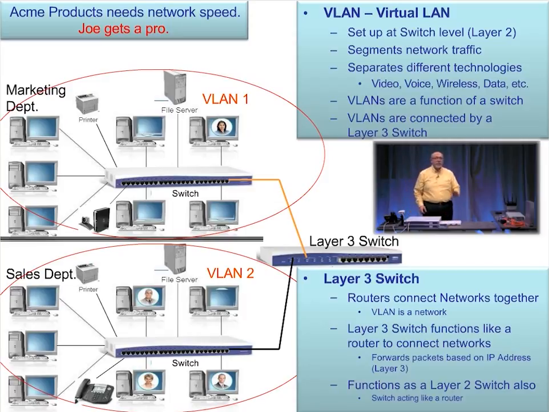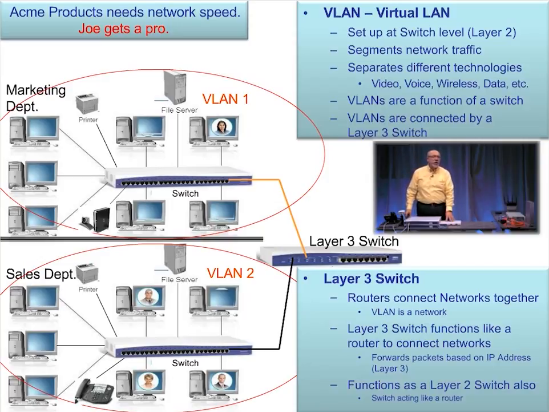Now, a layer 3 switch, first of all, you've heard this before, routers connect networks together. And what I have here now are 2 networks. A VLAN is a network. And if I'm going to connect the 2 VLANs together, I have to have some routing functions.